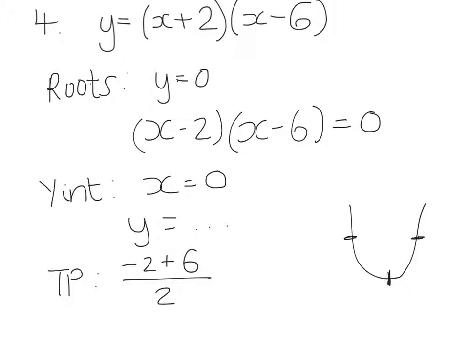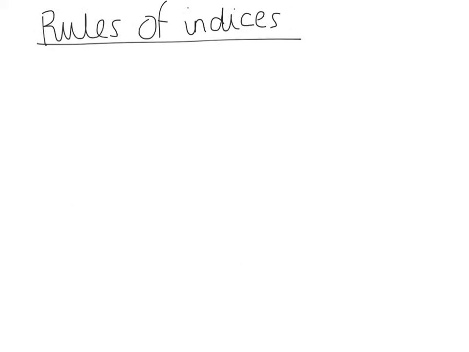That will get you your x coordinate. You then need to substitute that in to get your y coordinate. Once you've done that, you can then sketch your graph. Don't forget to mark in your 4 coordinates that you found.